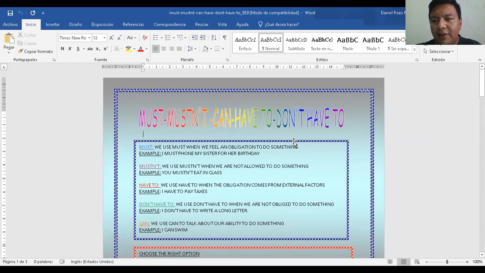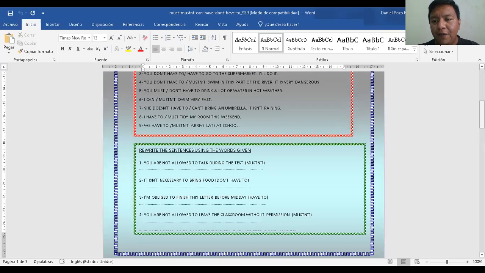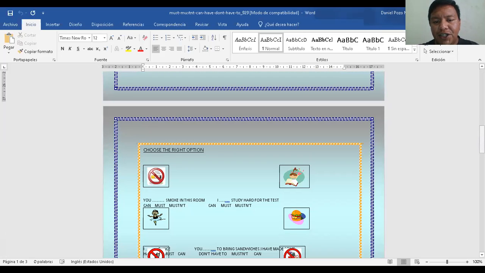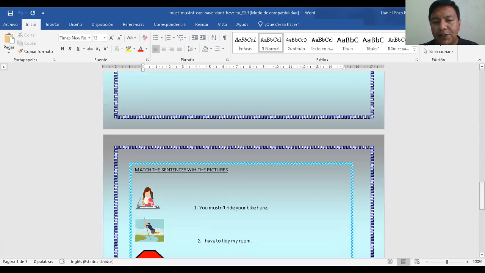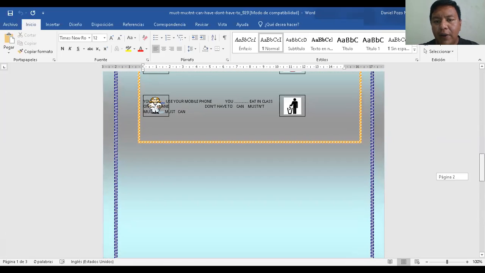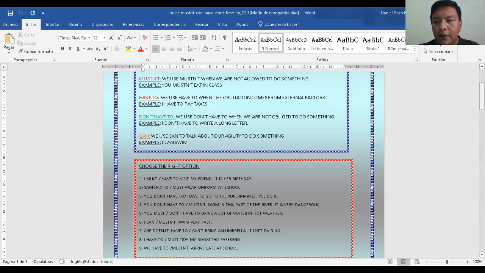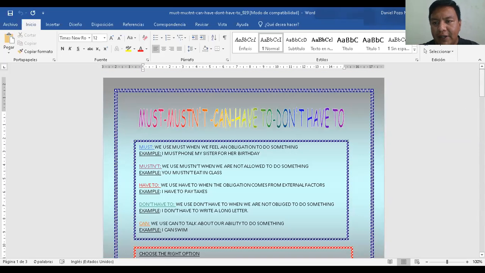You will send this document to my email address, right? So you will have 15 minutes to finish it, and I will receive it in my email address, okay? So we will see in the next session.